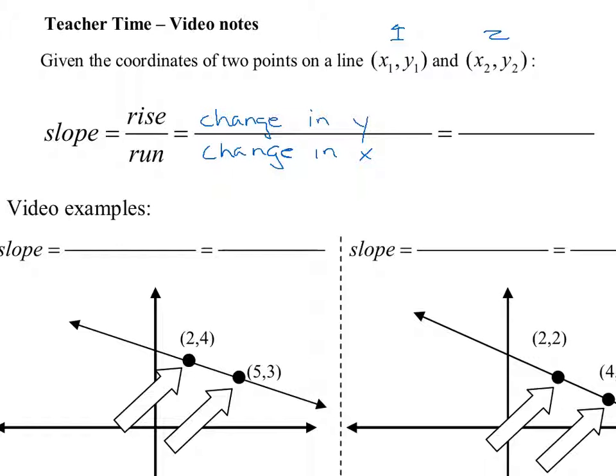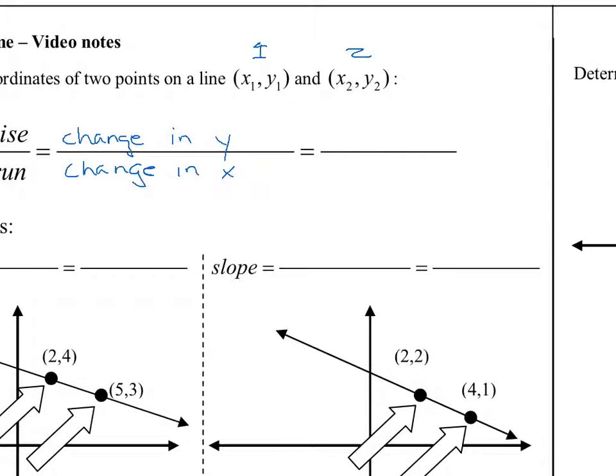So sometimes mathematicians will commonly write this as delta y over delta x, because remember that symbol delta means change in y over change in x.